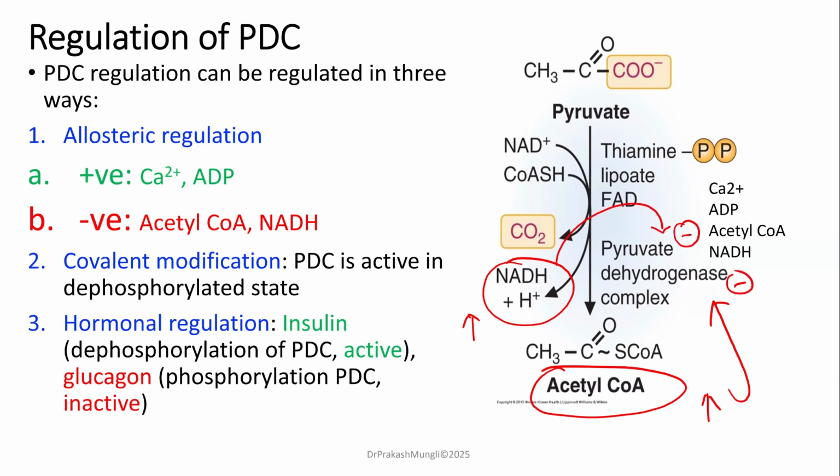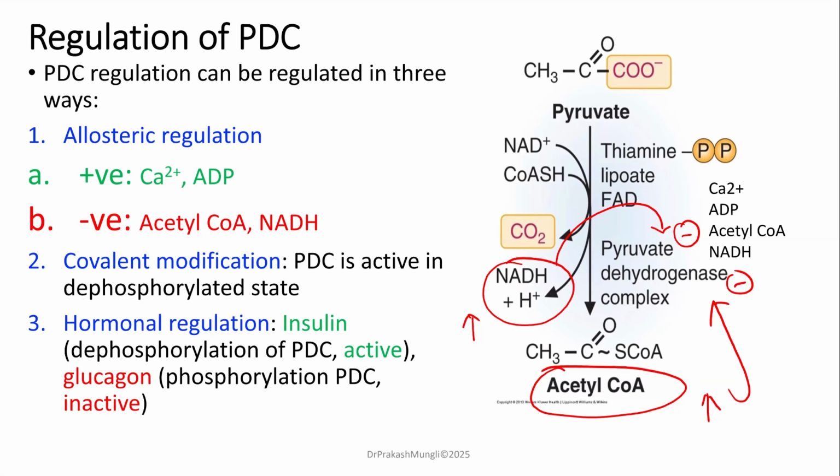A feedback negative effect, is it not? When the product accumulates, it will have a feedback negative effect. That's a classic feedback mechanism. The product will have a negative effect on the key enzyme in the metabolic pathway.